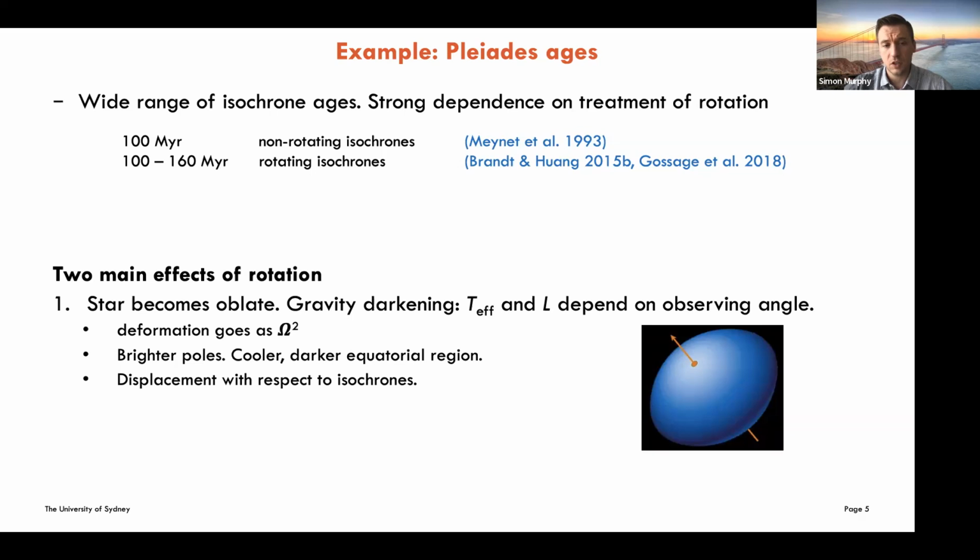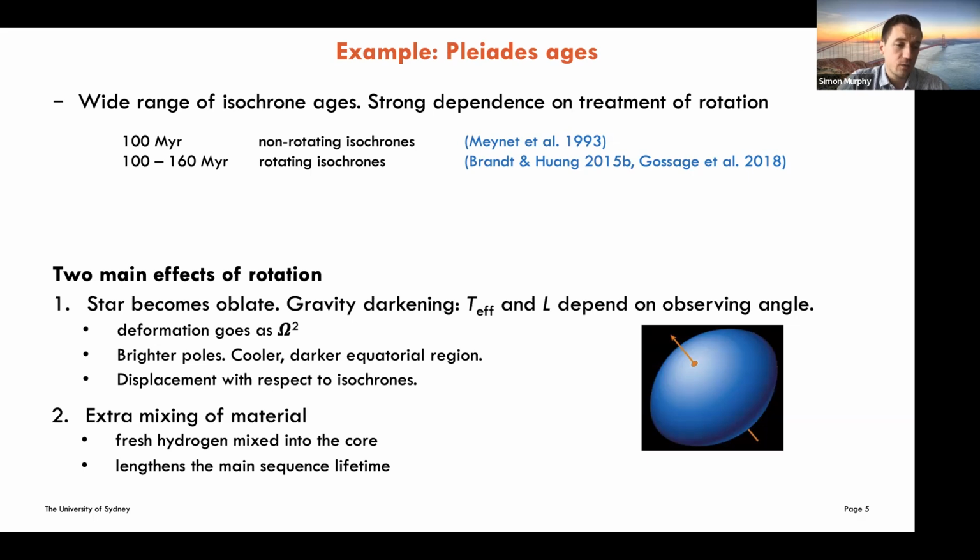So for the slowly rotating stars, it's really not a problem. But if your star rotates at 200 kilometers per second, you've got a pretty big problem. You've got a lot of gravity darkening. And the effect of this is that the star will become displaced with respect to non-rotating isochrones because it will be brighter or it'll be cooler or some combination of the two.